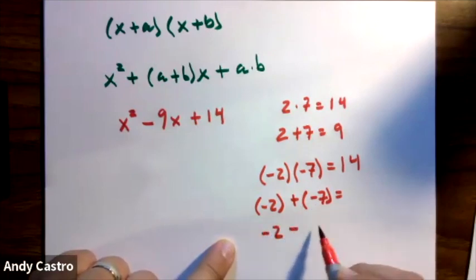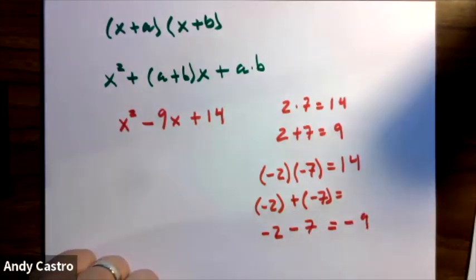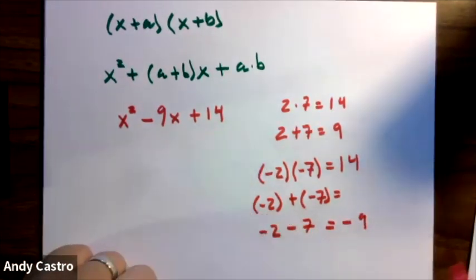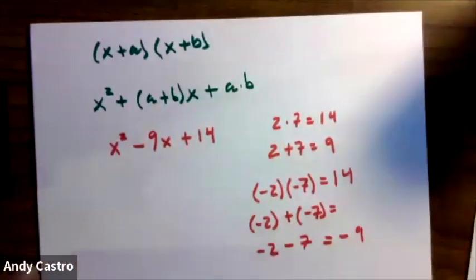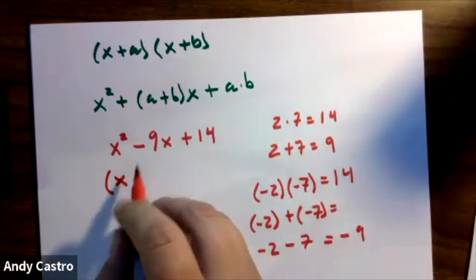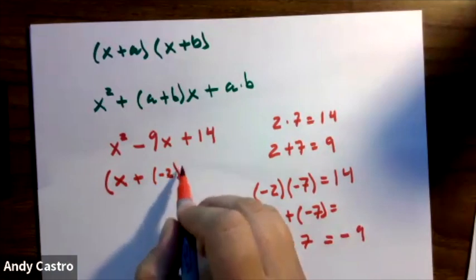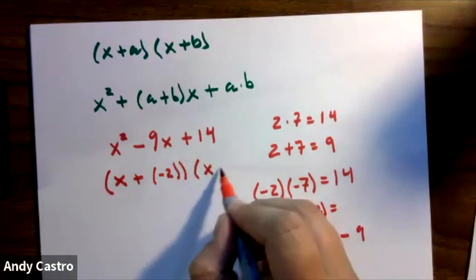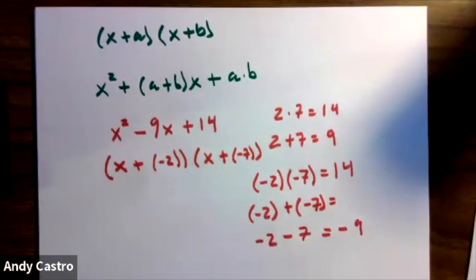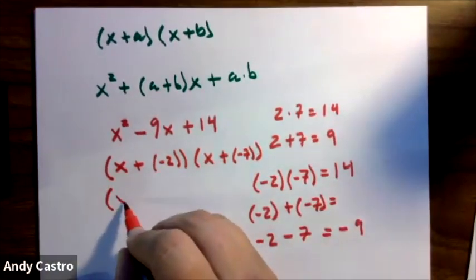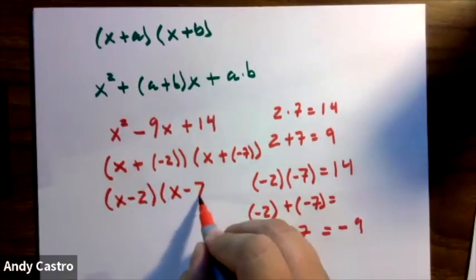So negative 2 minus 7, that's negative 9. And so the two numbers then are negative 2 and negative 7. So we'll have x plus negative 2 and x plus negative 7. Plus a negative is just minus. So we have x minus 2 times x minus 7.